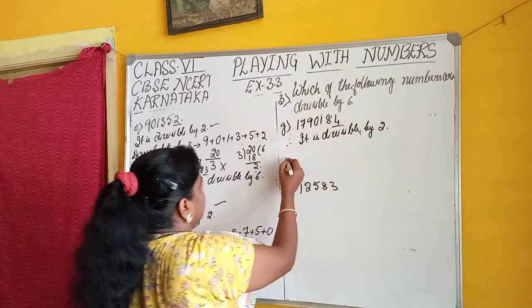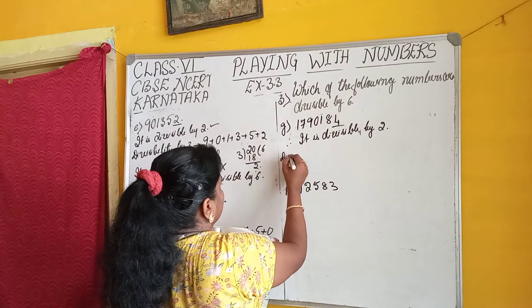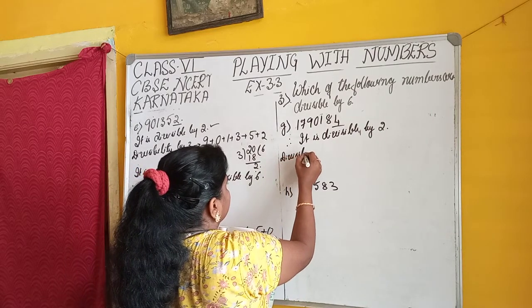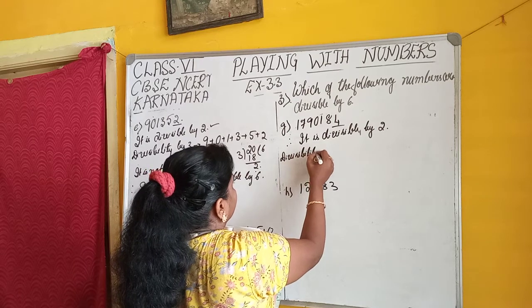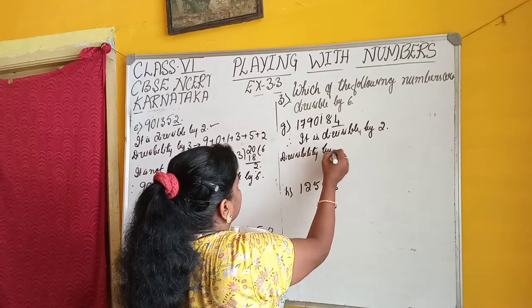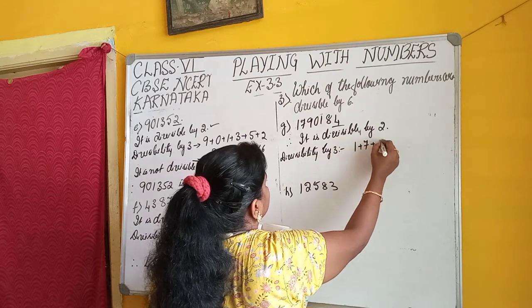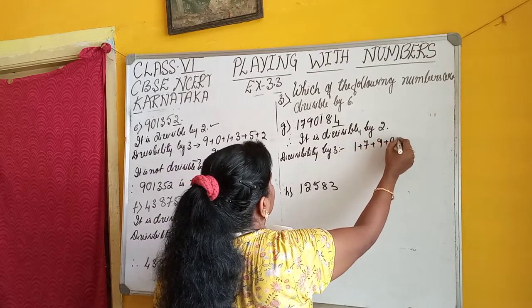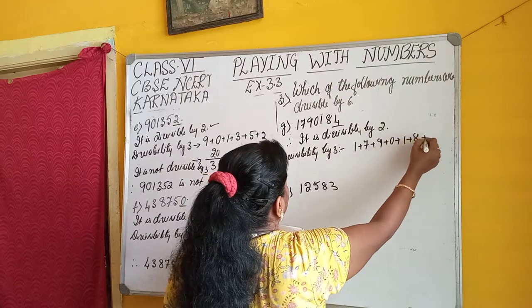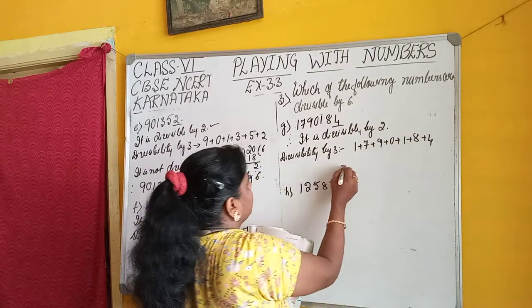And check it for 3. Divisibility by 3. We have to add all the digits: 1 plus 7 plus 9 plus 0 plus 1 plus 8 plus 4 and divide it by 3.